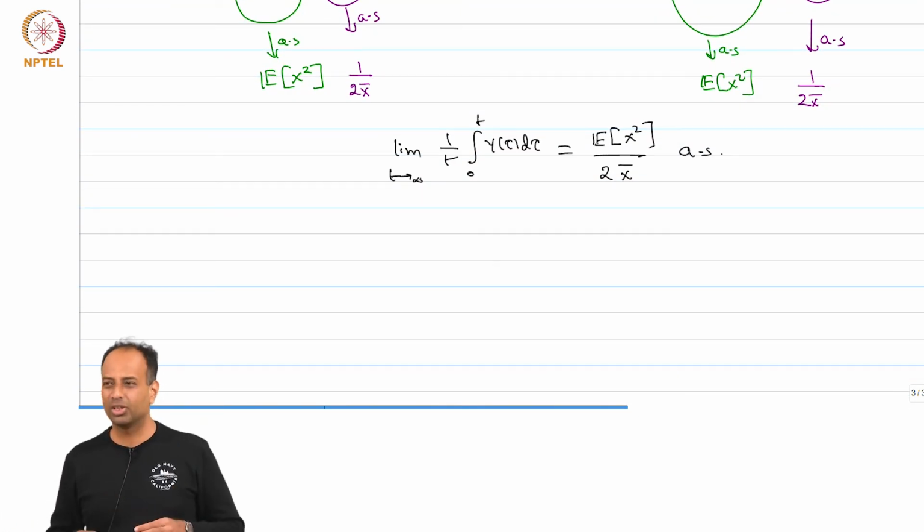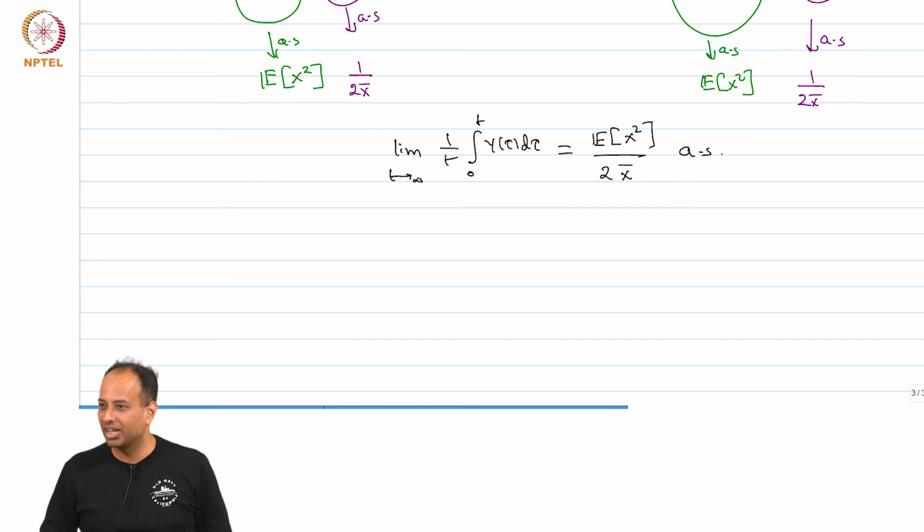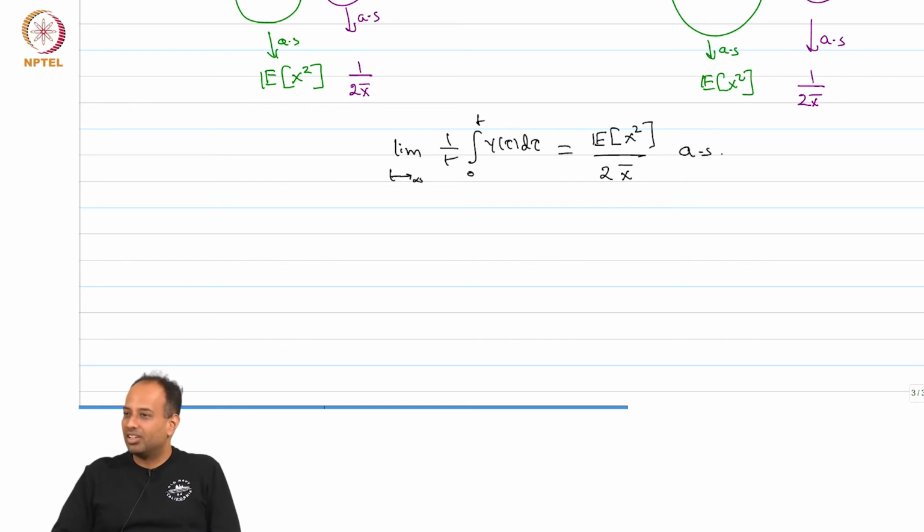So, you can try this for the Poisson process, for example. For the Poisson process, we know from memorylessness that the residual life should be an exponential random variable. So, therefore, the average residual life should be 1 over lambda. But if you plug into the formula, what do you get?